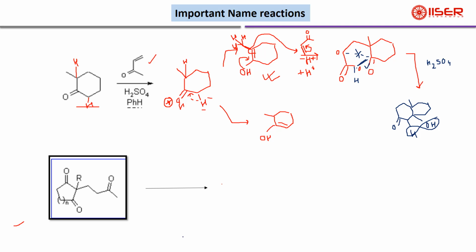Suppose we are giving a base. What will happen in this case? So obviously, as it is base catalyzed, if you take a proton from here and it attacks this place, it will give us a 4-member ring. But if you take a proton from here and it attacks this place, it will give a 6-member ring. So obviously it will take a proton from this place and it will attack this carbonyl carbon.